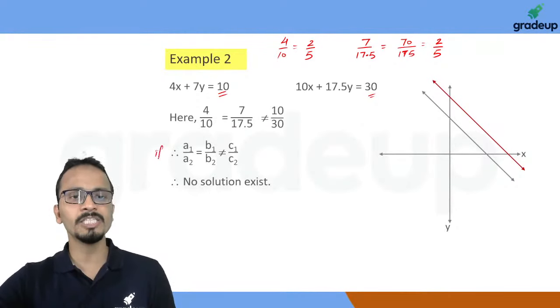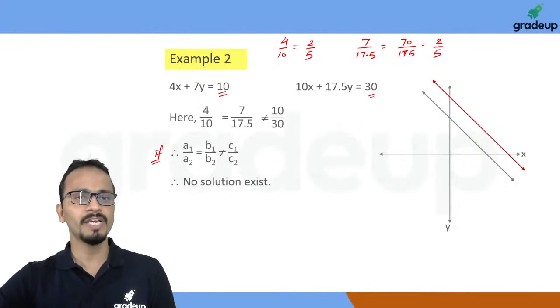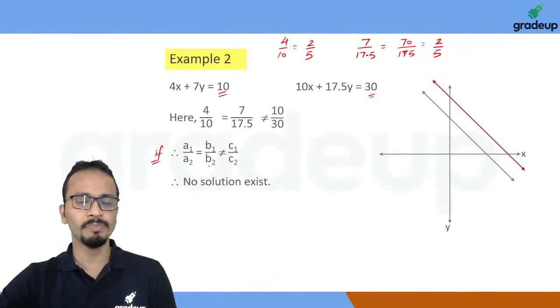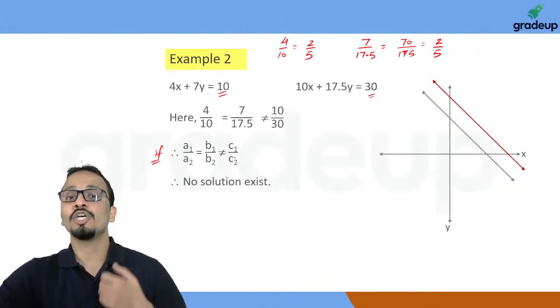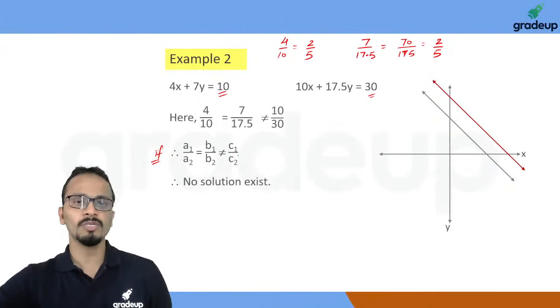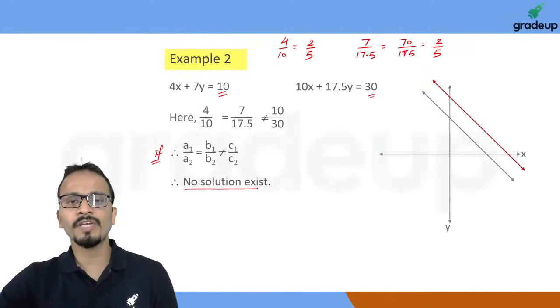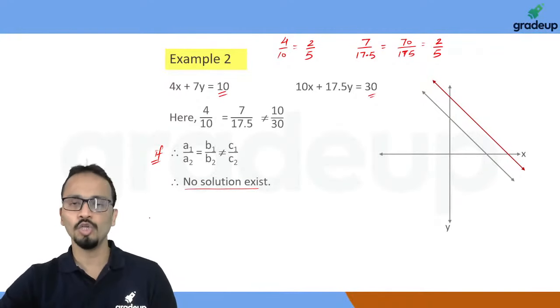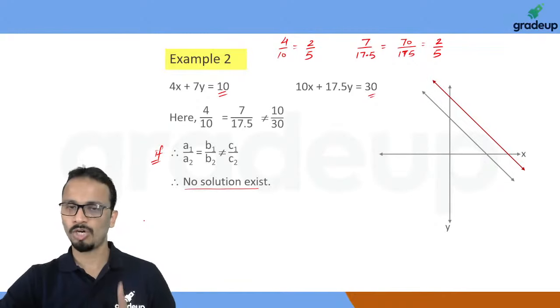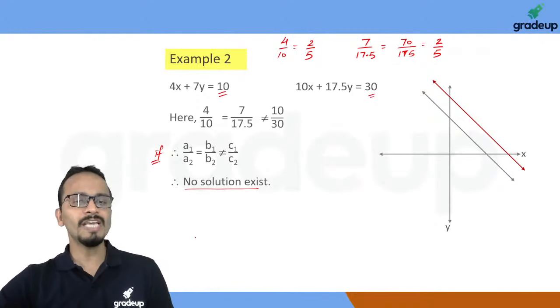So the second condition that you may remember is, if a1 upon a2 equals b1 upon b2 and it is not equal to the third ratio, then the system of equations will have no solution. All right. So we have seen two cases up till this point.